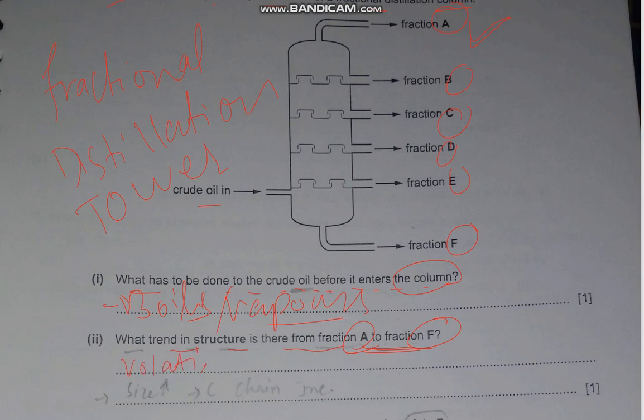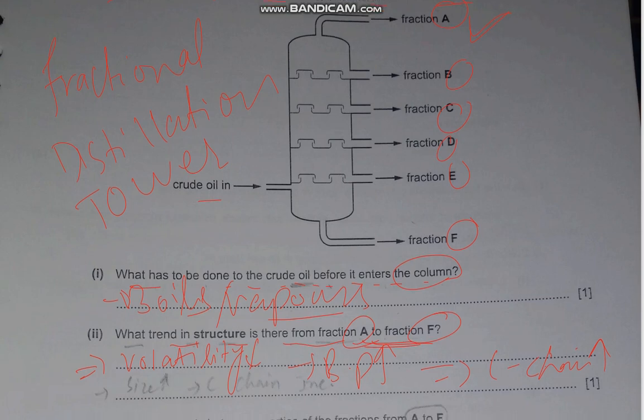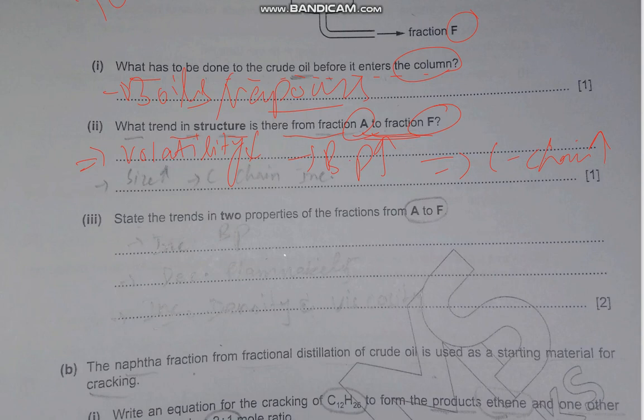Volatility is being decreased, or we can see boiling points are increased, or carbon chain length is being increased from A to F, or we can see increasing color, or decreasing flammability or mobility.